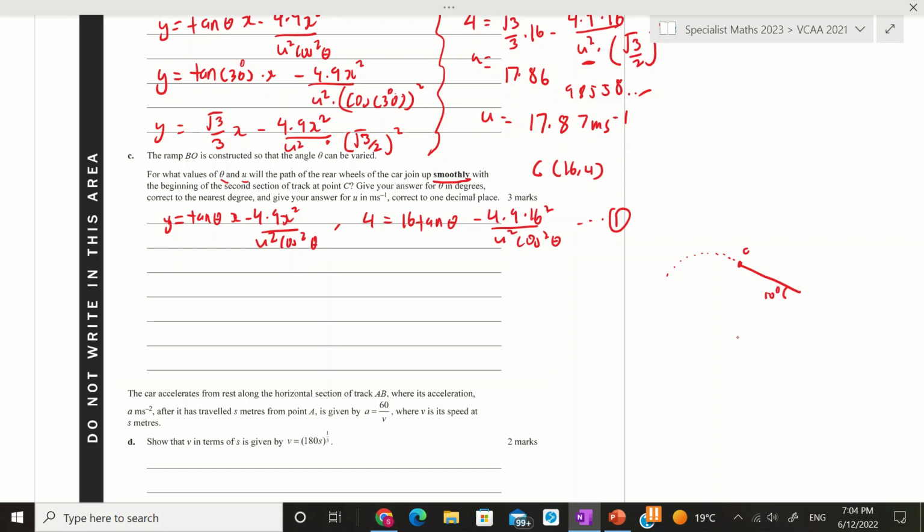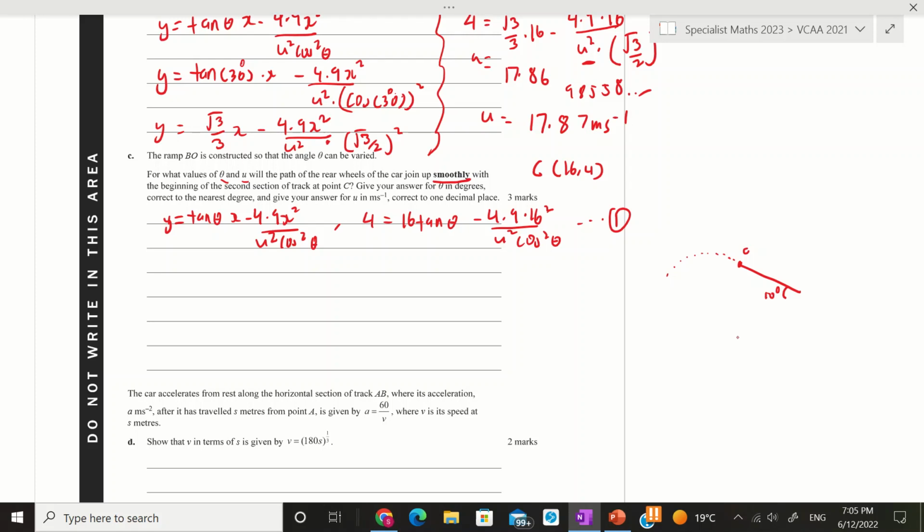What we have to take into account is that the path of the car, this equation here, describes a parabola. At the end of the flight, when the car finally ends up back on the ramp, it joins up very smoothly to this ramp, so the ramp and the path of the car need to have the same gradient.